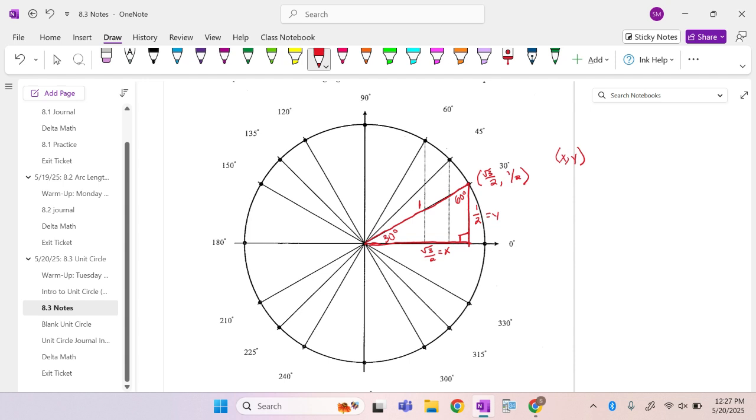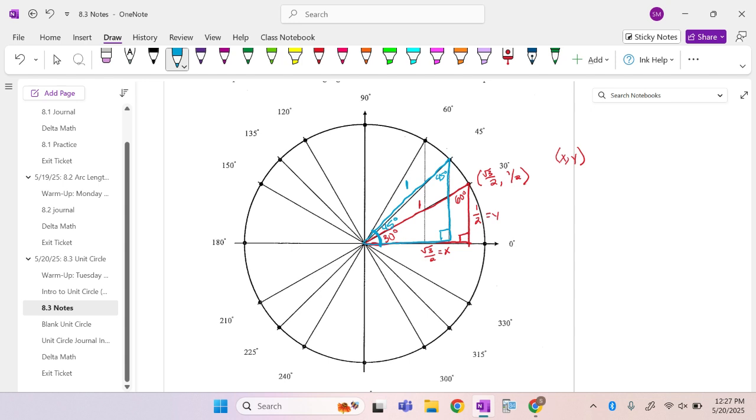Now we're going to do it again, but with 45 degrees. All right. So this is where you might want a different color. So I'm going to draw my 45-degree triangle. So 90 degrees is right here. Still a radius of 1. This angle is now 45 degrees, which means this angle is also 45 degrees.